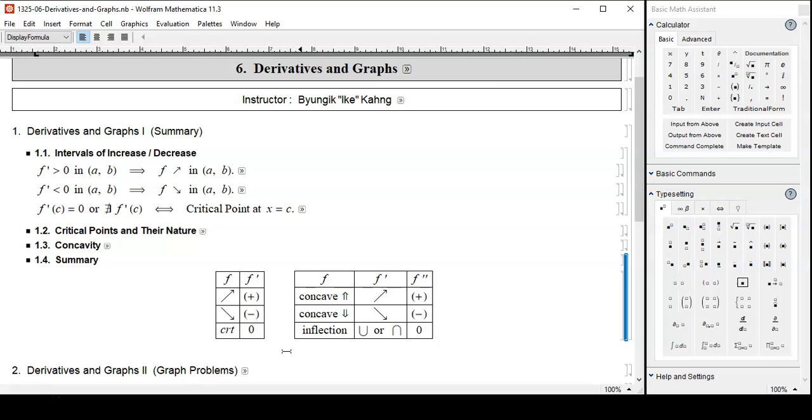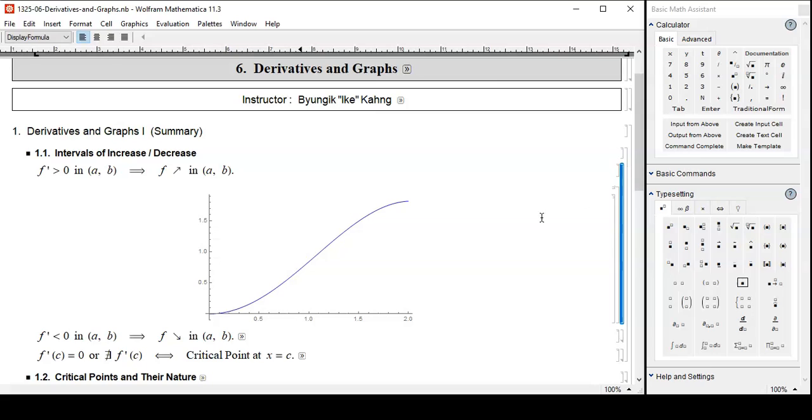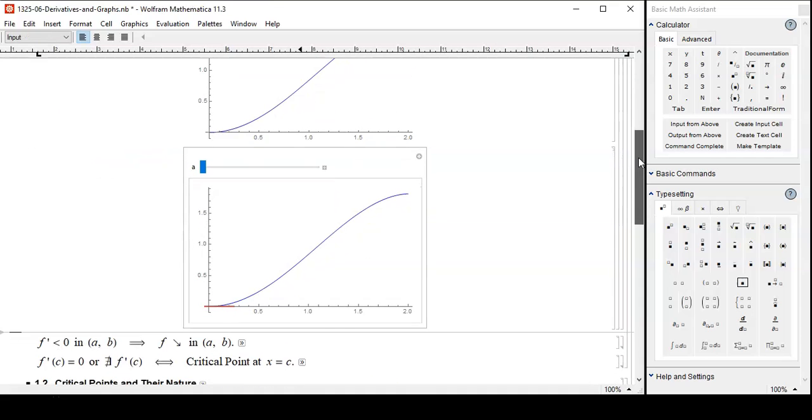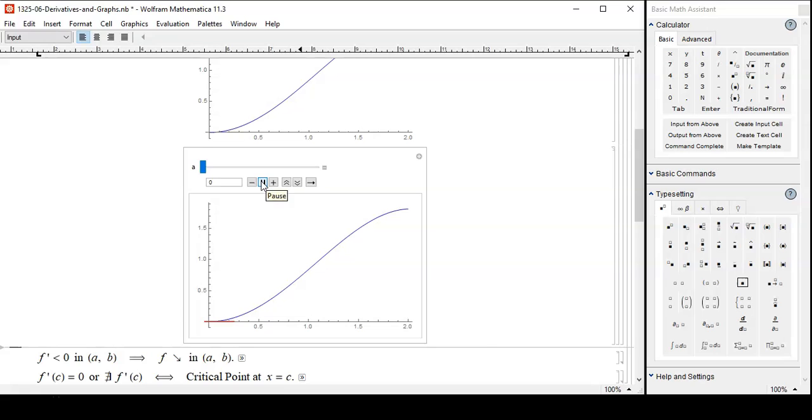And that's because going up is related to positive slope. You see? Here we are looking at an increasing graph. Graph is pointed upward. Consequently, slope is positive, as you can see from this animation. Pay attention to this red line segment.